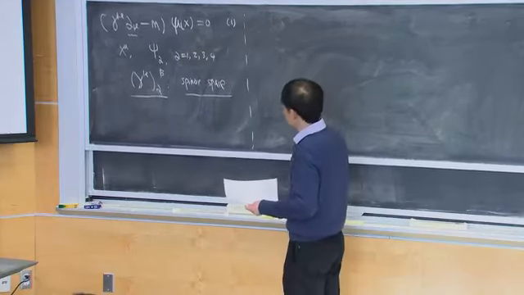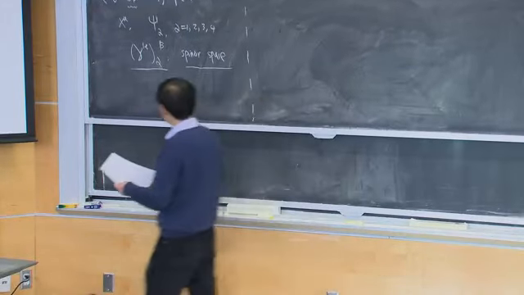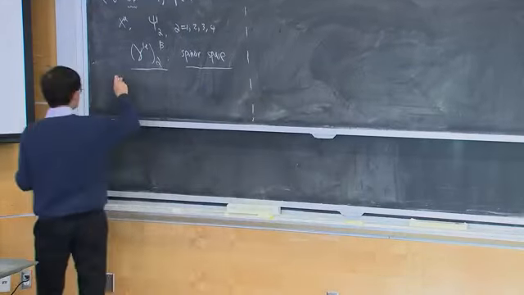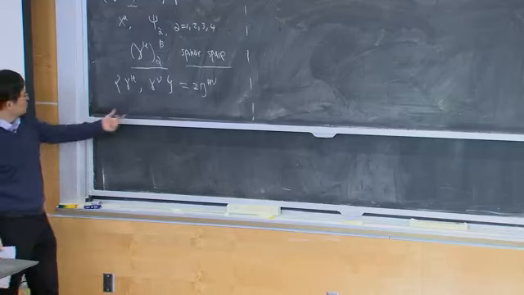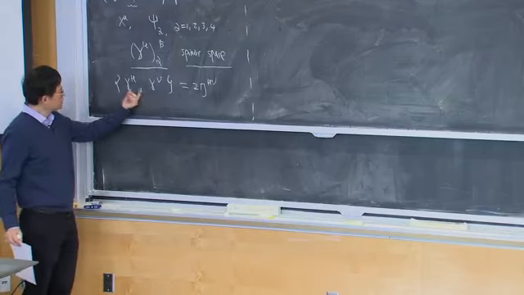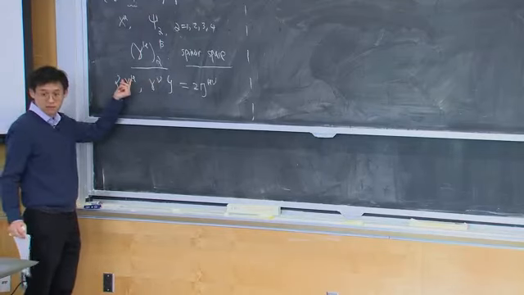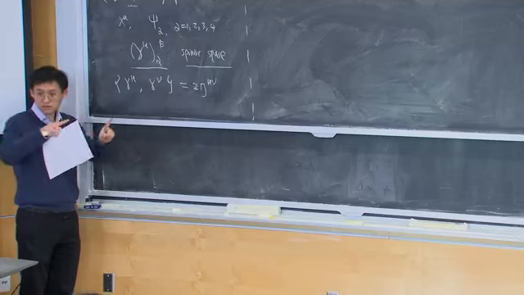And these gamma mu are not ordinary matrices. They satisfy this condition: the anti-commutator of gamma mu with gamma nu equals 2 eta mu nu. That means different gamma matrices, when their indices are not the same, anti-commute with each other.